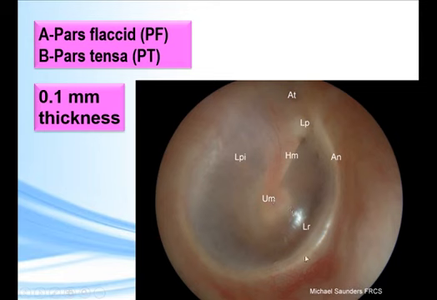This is called the cone of light, which reflects the light when you examine the drum with a source of light. This is called the umbo, and this is called the lateral process of the malleus bone, as we're going to talk about. And this is the upper part, which is the pars flaccida, called the attic, and we'll talk about it later on.